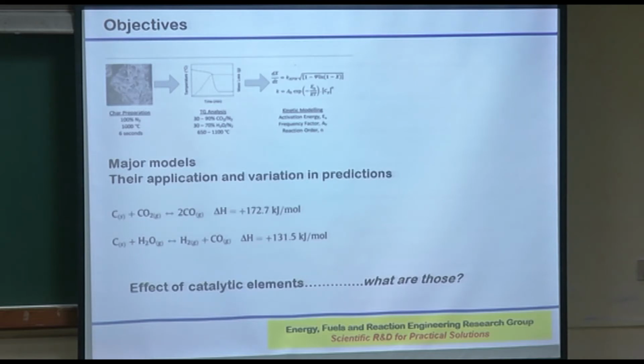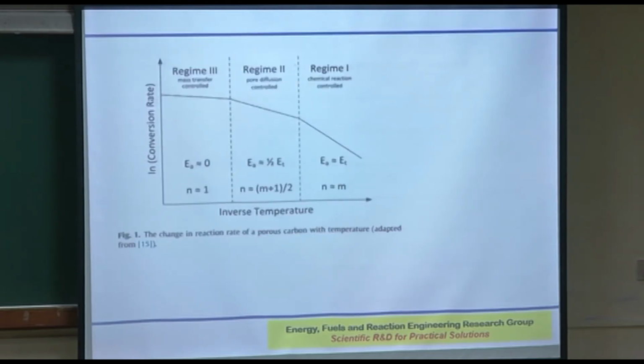So let's bring our memory back to this curve that we showed. Remember, in the x-axis you have the temperature or the inverse of it, and then y-axis you have the conversion rate. So you will have distinctly three zones.